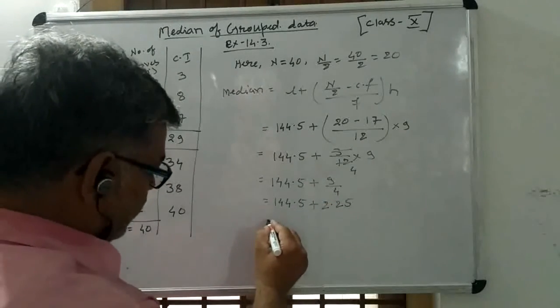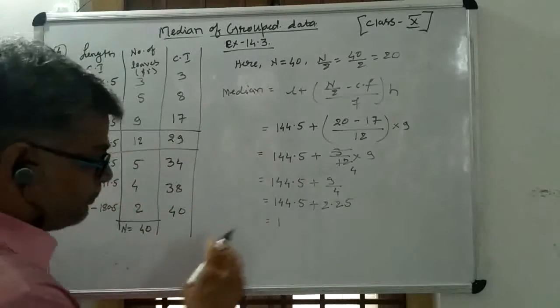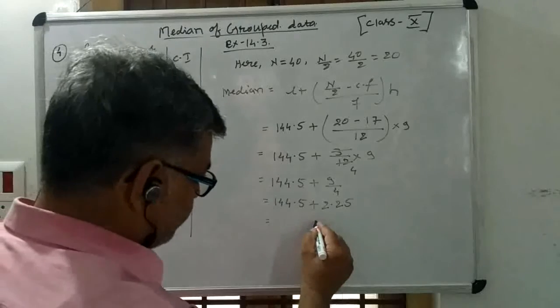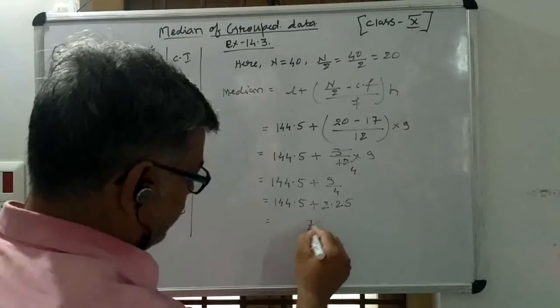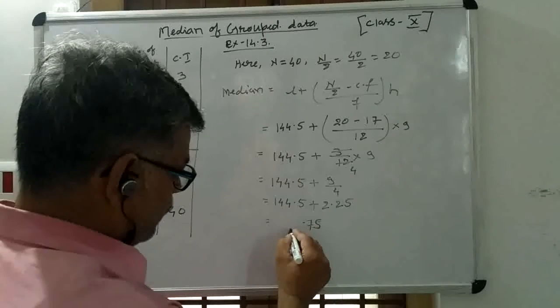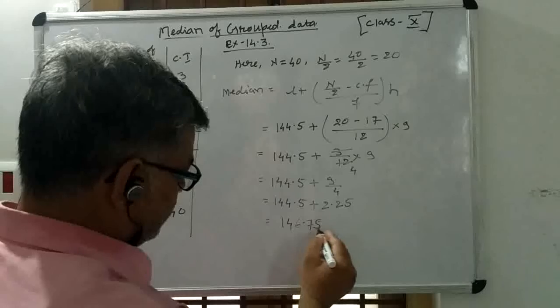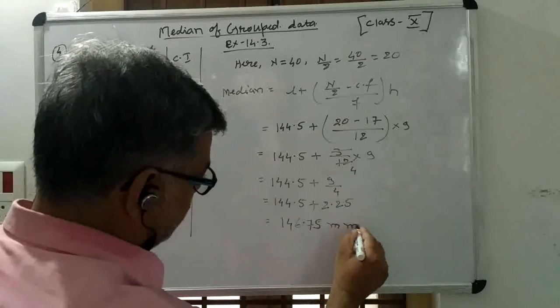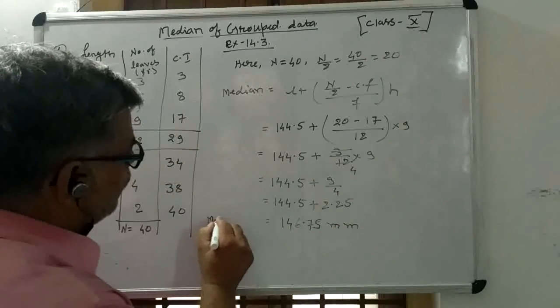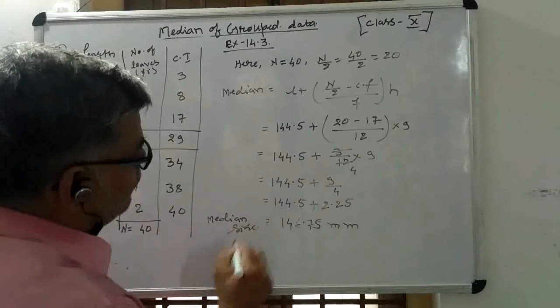So when you add it, you get 146.75 millimeters, which is the median size of the leaf.